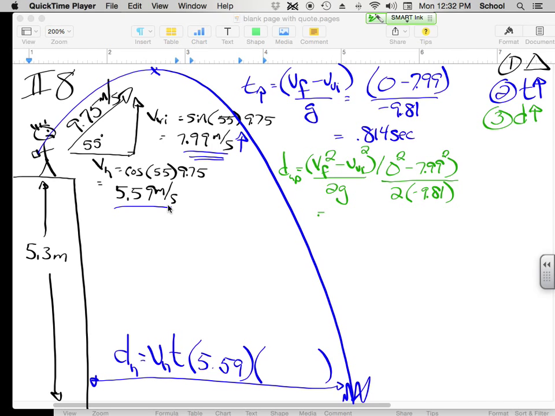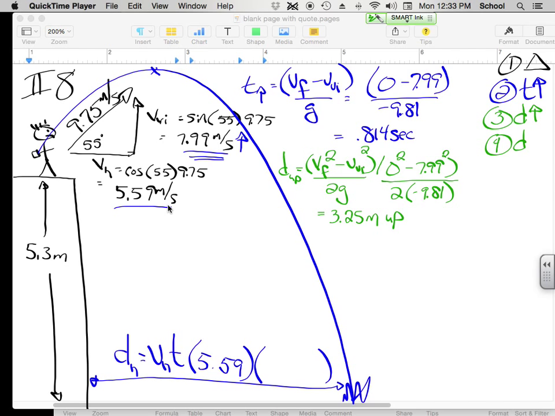So if we do this, we find out it went 3.25. So it went 3.25 meters up, which means how far is it going to fall down? 8.55. Very good. So what you just did was step 4.